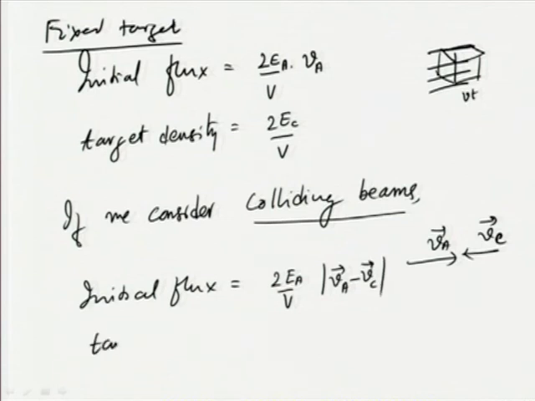Target density then is 2E C over V, because it is in the rest frame of that particle that we are considering the initial flux. That is why the velocity is the relative velocity.